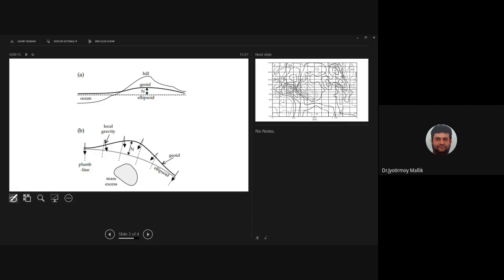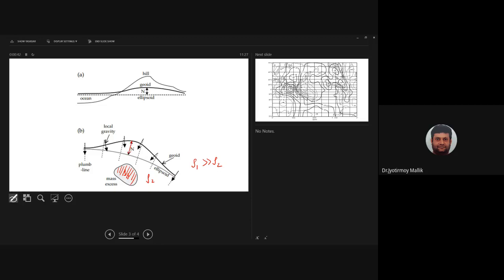So if we say that the density of this mass is rho 1 and the density of this mass is rho 2, then rho 1 is larger than rho 2. Okay. So this provides an additional effect of mass that pushes the equipotential surface up, right?